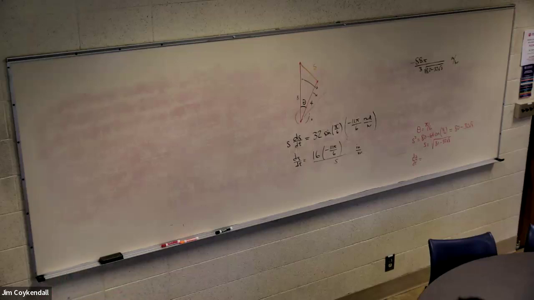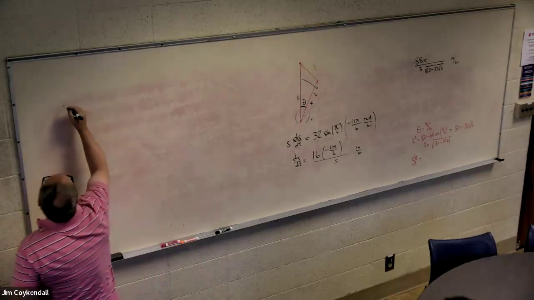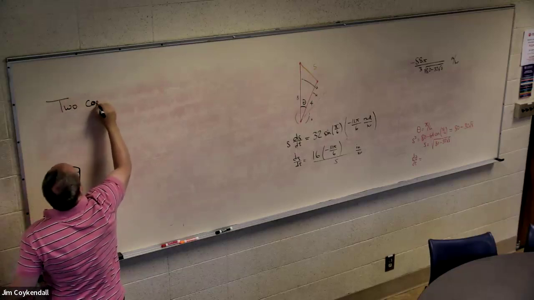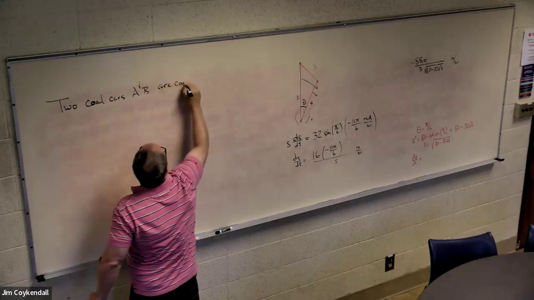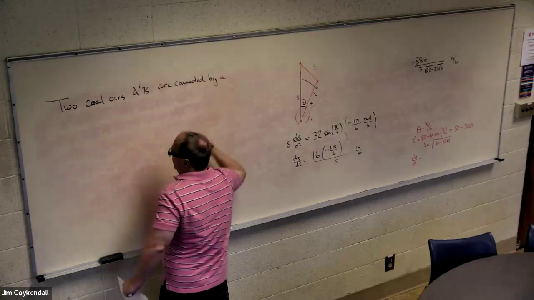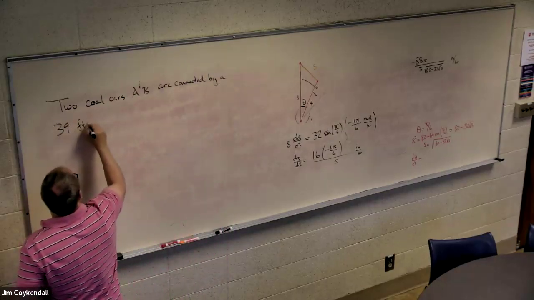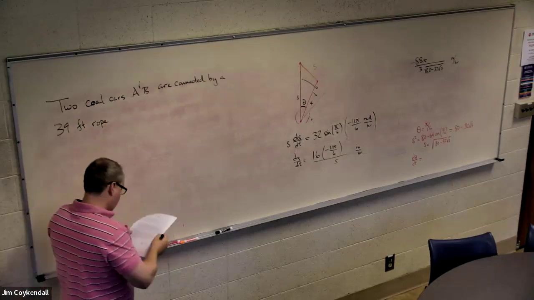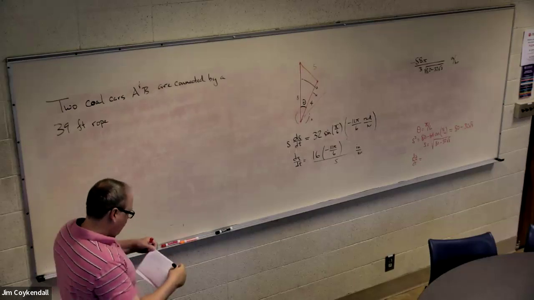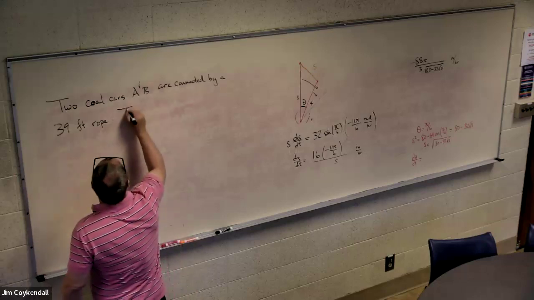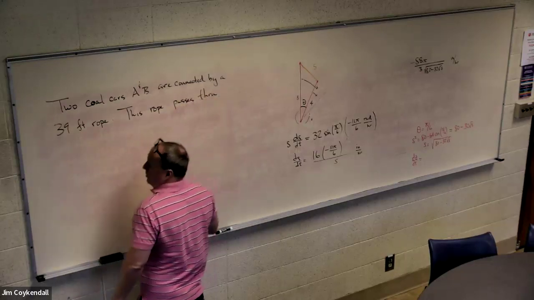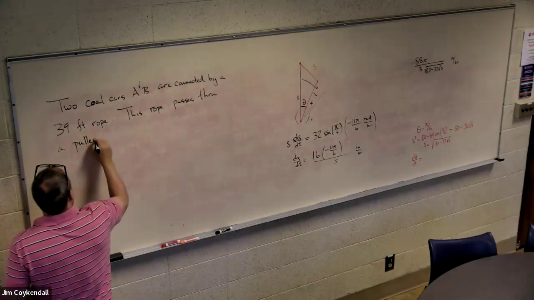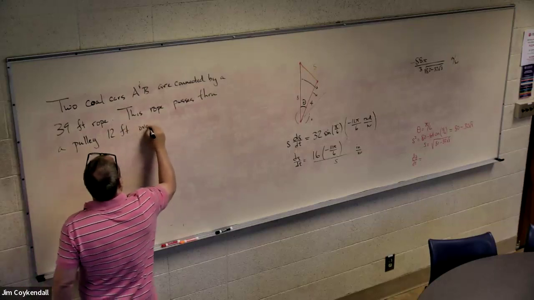I've got a couple of coal cars connected by a 39-foot rope, and this rope passes through a pulley 12 feet over the track.